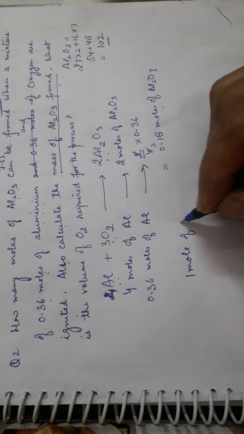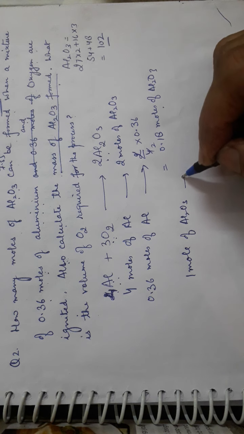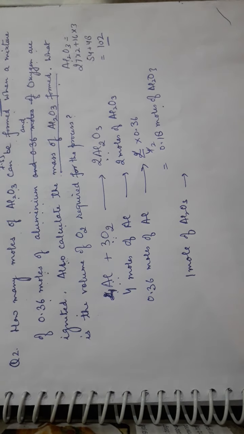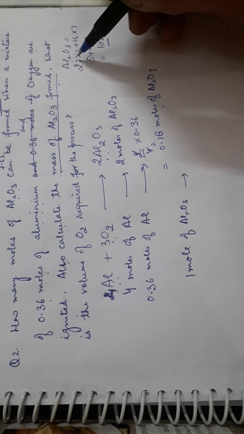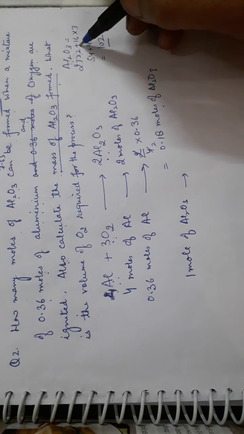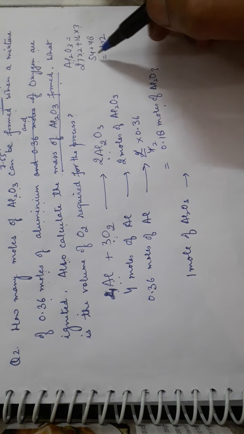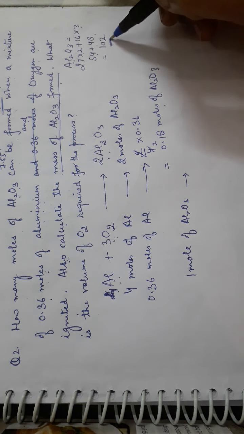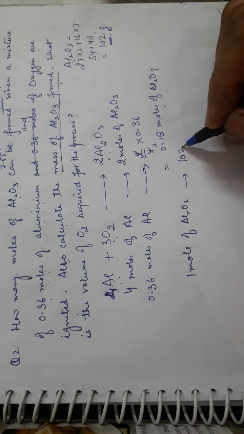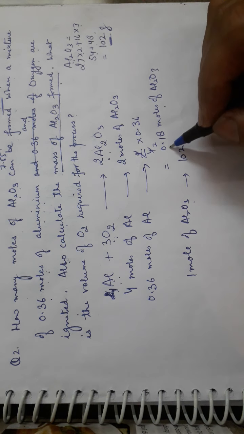1 mole of alumina, Al2O3. The molar mass of Al2O3 is aluminium atomic mass 27 into 2 plus 16 into 3, that is 54 plus 48, it comes out to be 102 gram. 1 mole of alumina contains 102 gram. Then how much alumina do we have?